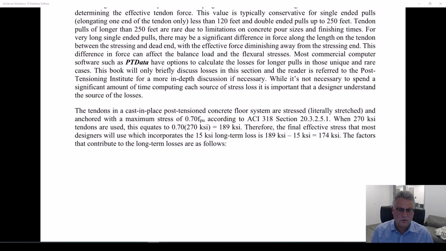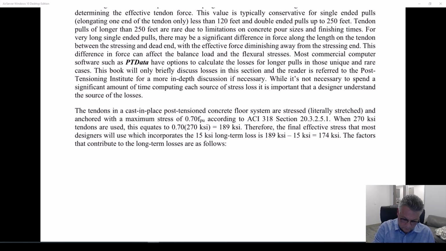But that's what the code says, so that's where our assumption is based. That gets us to 189 KSI. I'm telling you that 15 KSI will cover basically everything normal that you're ever going to do in pre-stressed concrete. So we take the 189 KSI minus the 15 KSI loss, and our everyday usable stress in our tendons is 174 KSI.